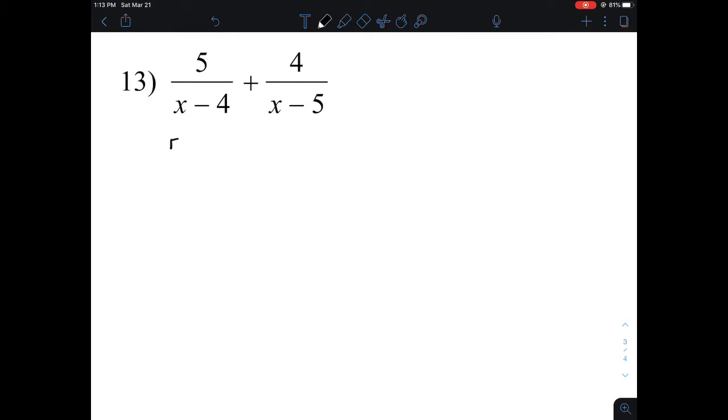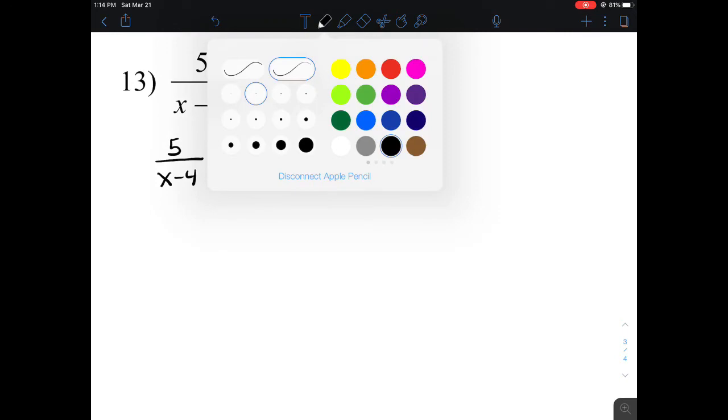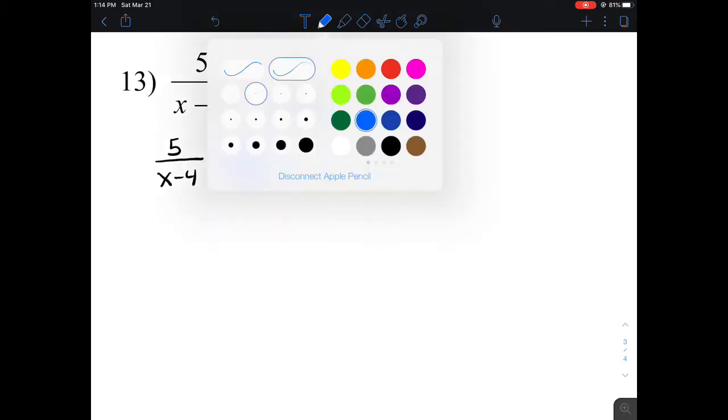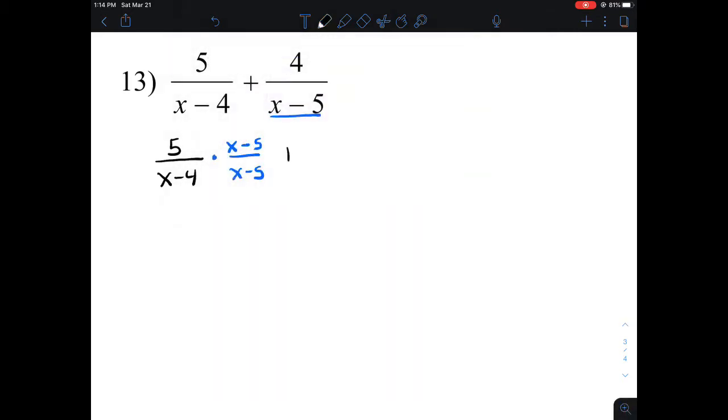So I'm going to rewrite my fraction. So I have 5 times x minus 4. Now, in order to make it have the same denominator as the second fraction, I'm going to have to multiply both the top and the bottom by x minus 5. All right, and then I'm going to write my second fraction.